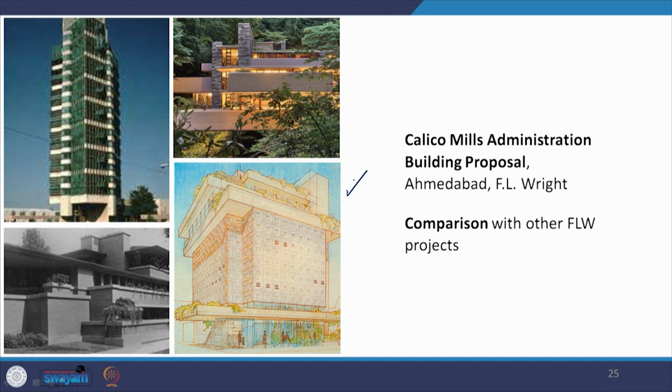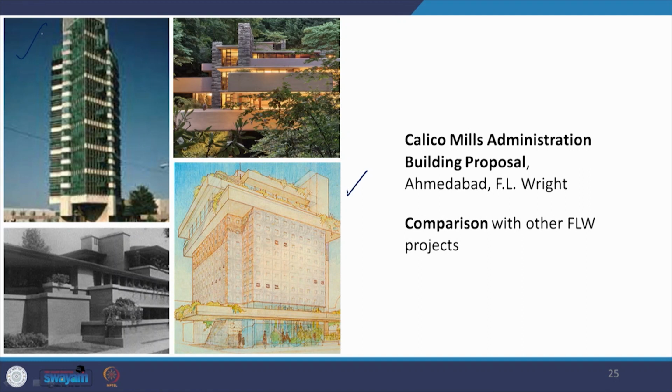But if you look at this building, you are immediately reminded of the design features of Wright's work in the final 15 to 20 years of his life. We see that happening in the Price Tower. We see those modernist international style ideas along with this organic approach in Fallingwater.